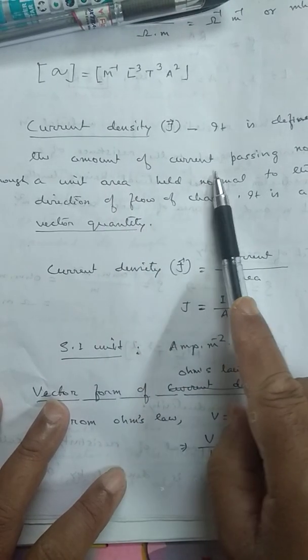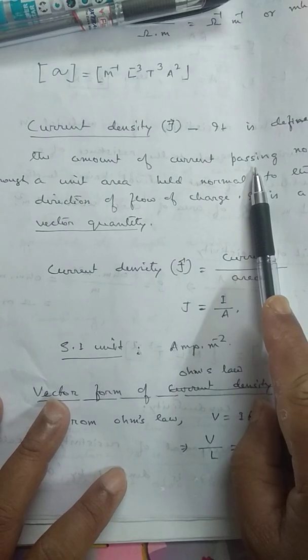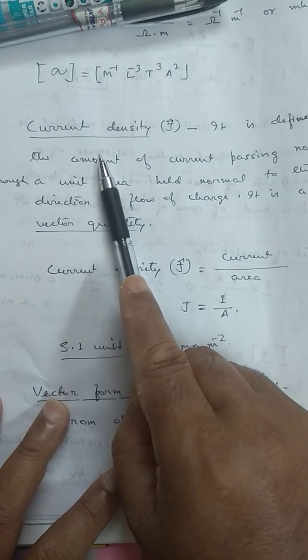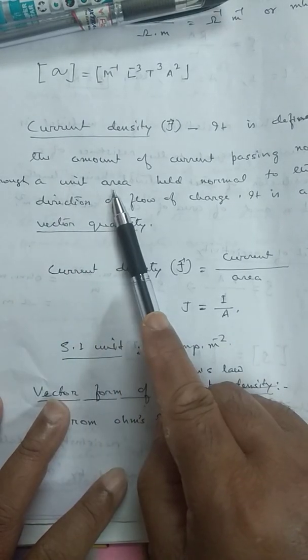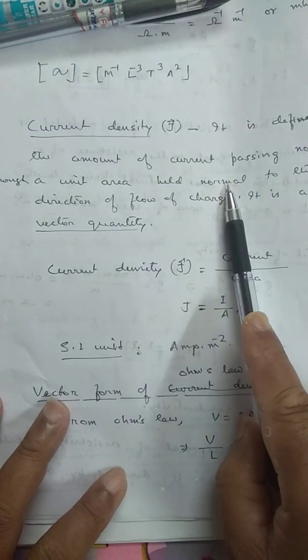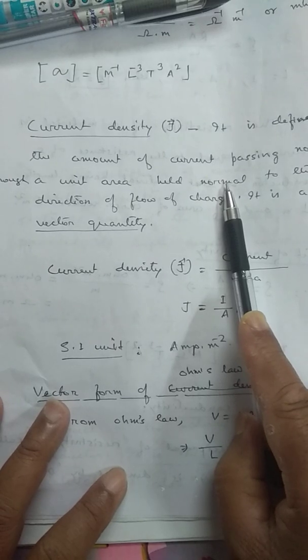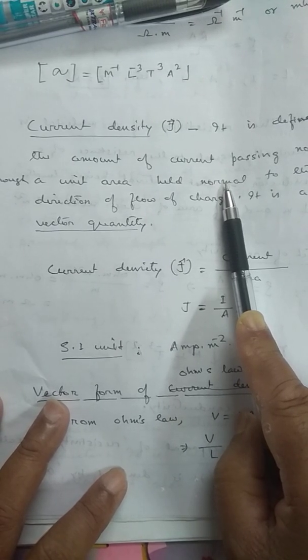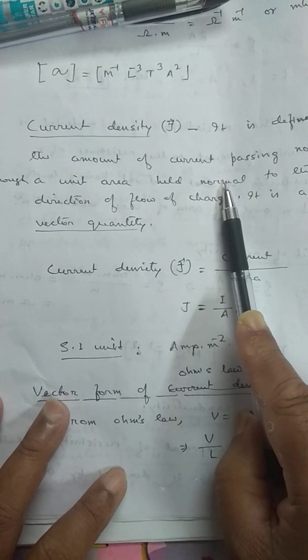It is defined as the amount of current passing normally through a unit area, when the area is held normal to the direction of flow of current. I think during the discussion of electric flux, electrostatic flux, we made area a vector quantity by drawing a normal to the area. Can you remember it?